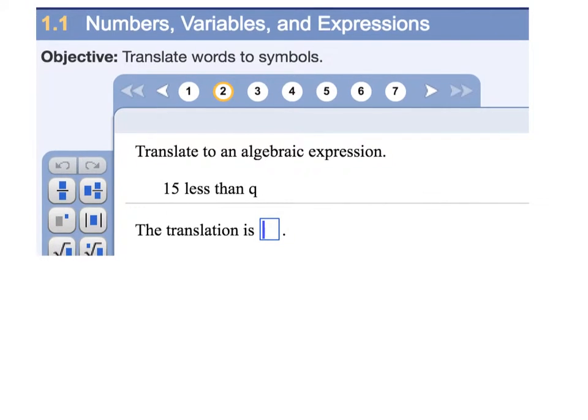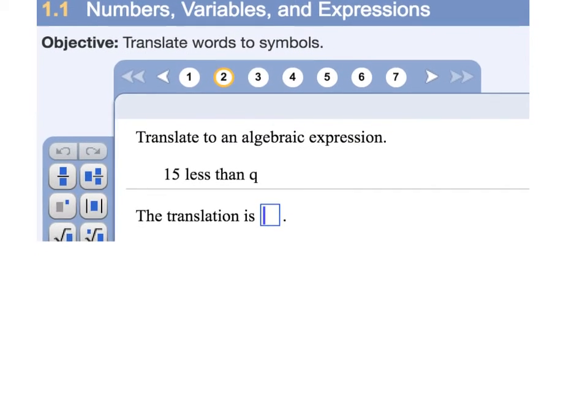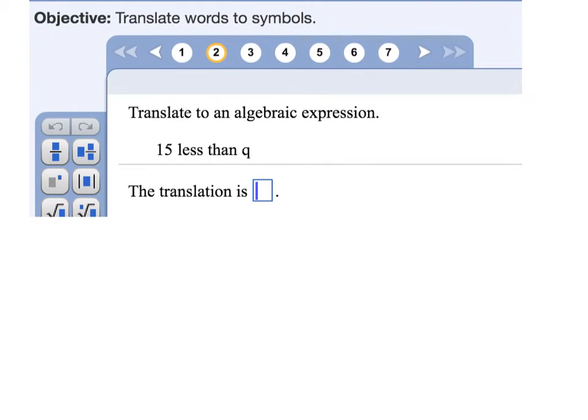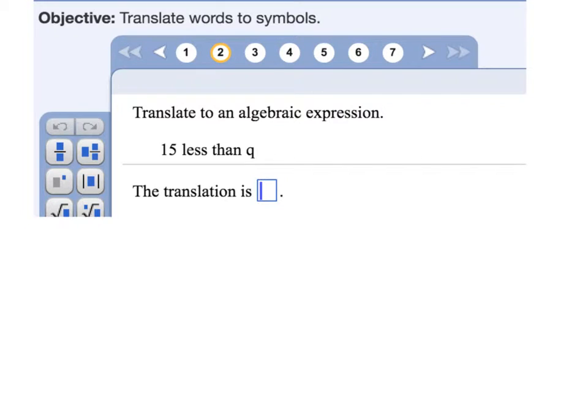I'm going to do some more. It says translate to an algebraic expression 15 less than q. So the first thing we're supposed to know is what's being subtracted. Let's ignore the letter q and put in the number 100.